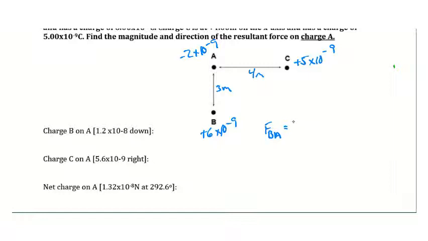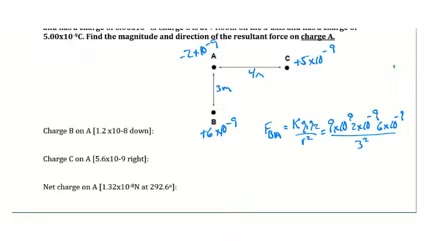Coulomb's law, the force is equal to K Q1 Q2 over the distance between them squared. So 9 times 10 to the 9th. We'll put the sign in later, 2 times 10 to the -9, 6 times 10 to the -9, all over 3 squared.